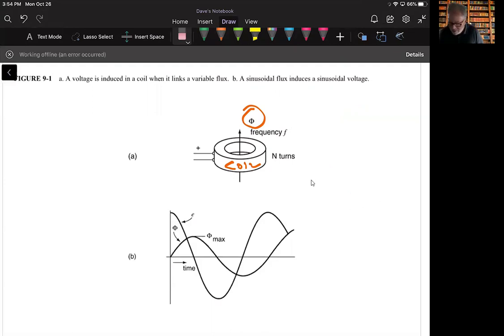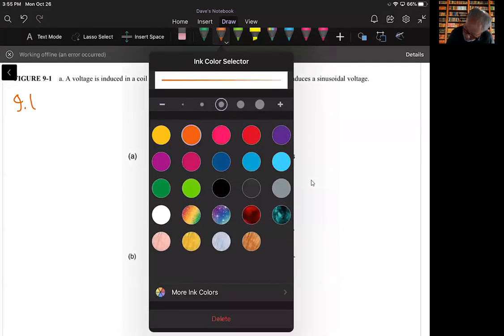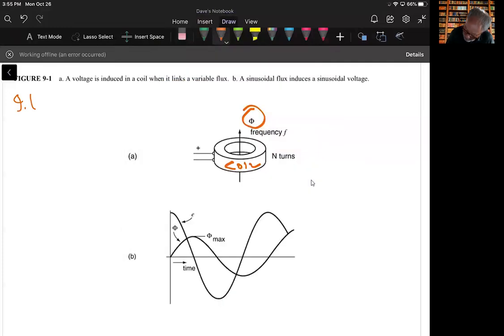So we can quantify this and write our equation 9.1, which says that the voltage induced in the coil is equal to 4.44, and we'll see where that number comes from in just a second, times the frequency, times the number of turns, times the flux.